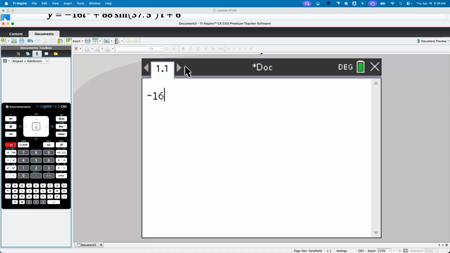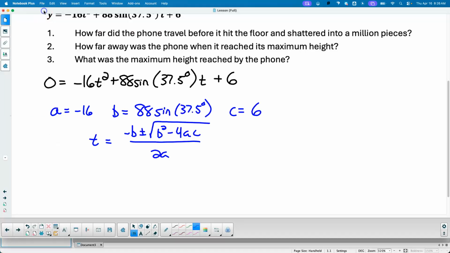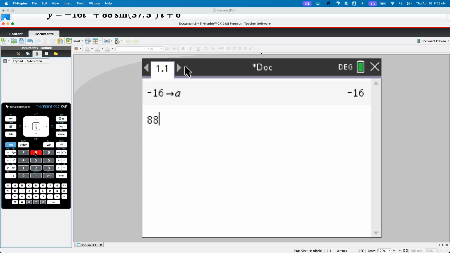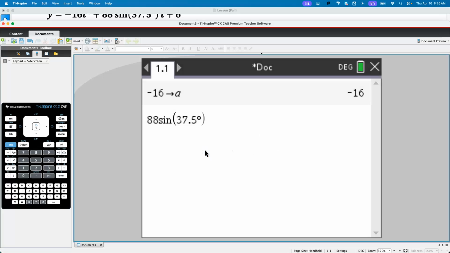Let's just restart this whole thing. Negative 16 was a. 88 sine of 37.5 degrees is my b.